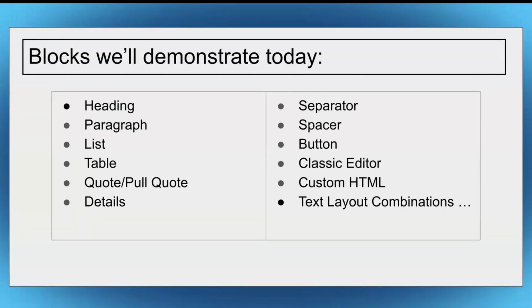These are the three that you're going to run into pretty much anytime you're working with text in the block editor. And then we'll look into some of the more layout focused text blocks. So putting things in a table, setting things out as a quote or a pull quote with some fun little layout options. The details block I wasn't really familiar with.